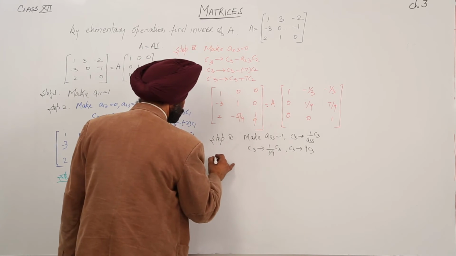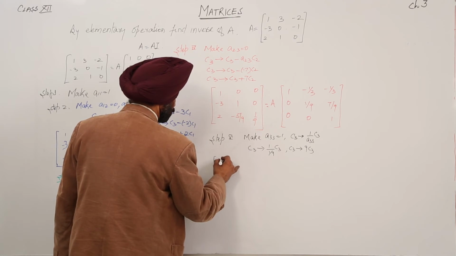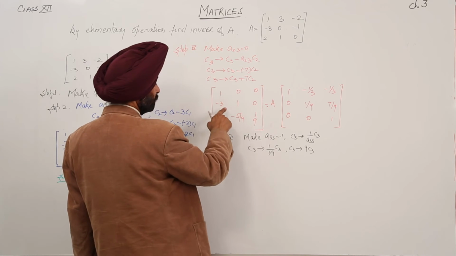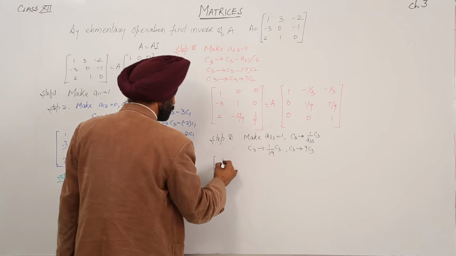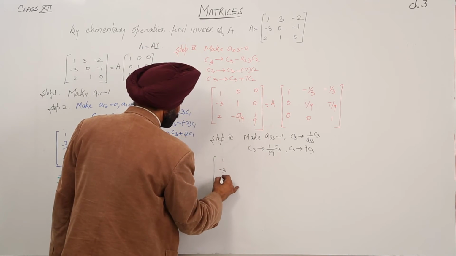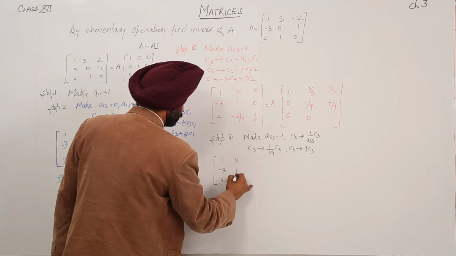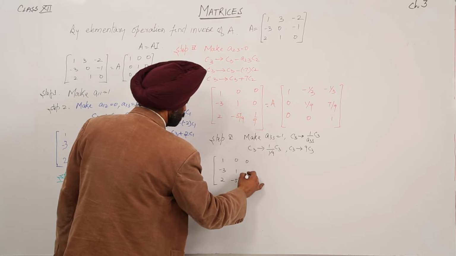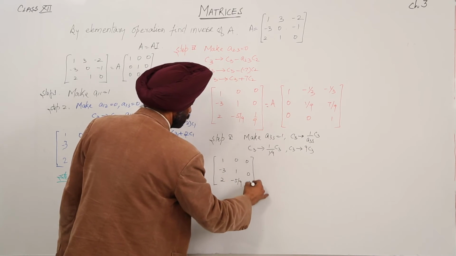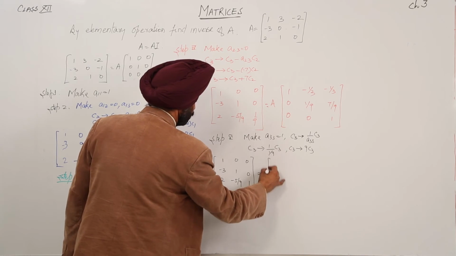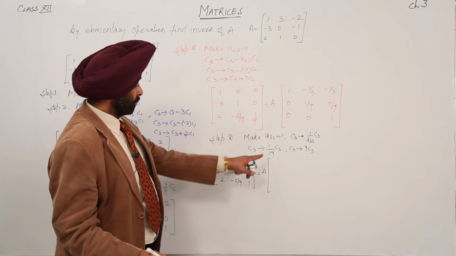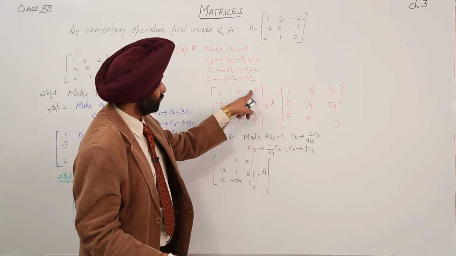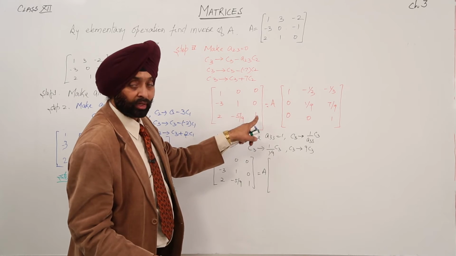Step number 5. So we are changing which part? Column 3, this one. So 1, minus 3, 2, 0, 1, minus 5 by 9, 0, 0, 1. Now 9 times 3, 9 with 0, 9 with 0, 9 with 1 by 9 is 1.